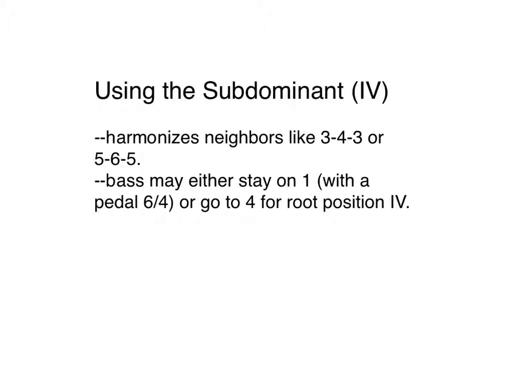When we're using the subdominant, that's a good time to harmonize neighbors like scale degree 3 to 4 to 3 or 5 to 6 to 5. The bass may stay on 1 with a pedal 6-4, or it may go to 4 for a root position 4.